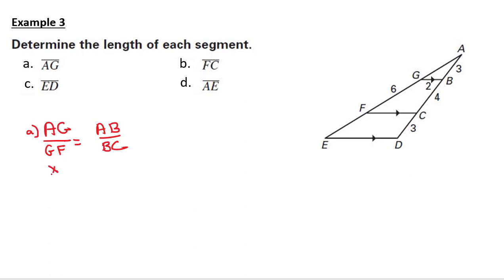AG is what I'm looking for. GF is 6. AB is 3. BC is 4. Nine halves.